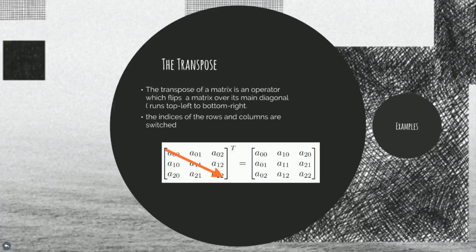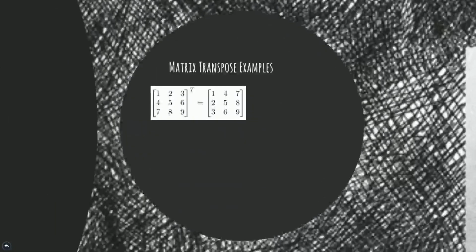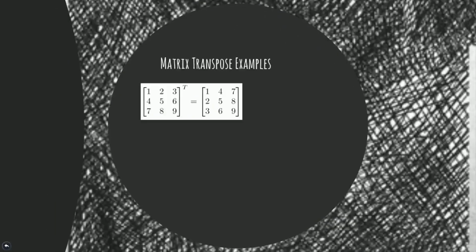So we're not just switching our notation here, we're actually switching those elements. So we're flipping our rows and columns. And let's take a look at some examples for that, because that will make it easier to understand. So the transpose of this nice 1, 2, 3, 4, 5, 6, 7, 8, 9 matrix here, we're going to flip our rows and columns.